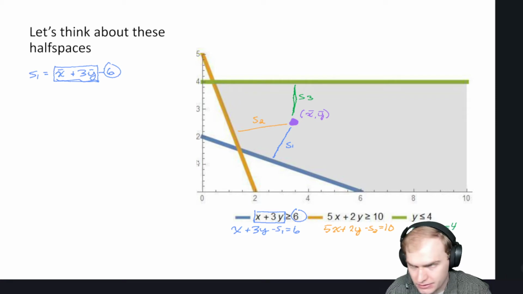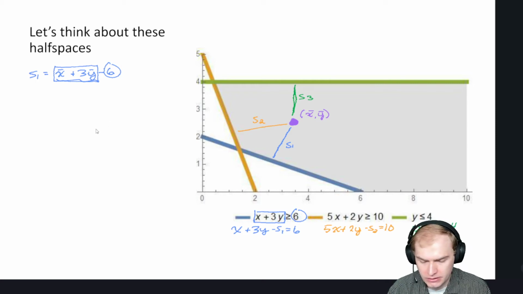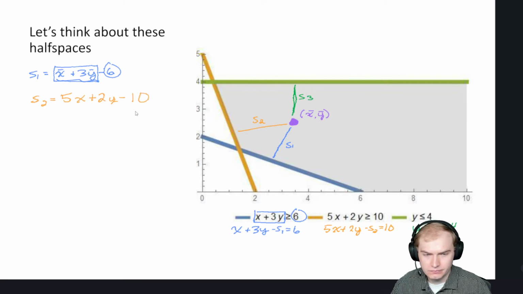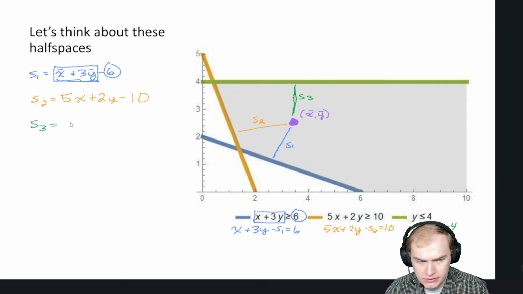And we'll see that this pattern continues. Excuse me, minus 10. And S3 equals 4 minus y.